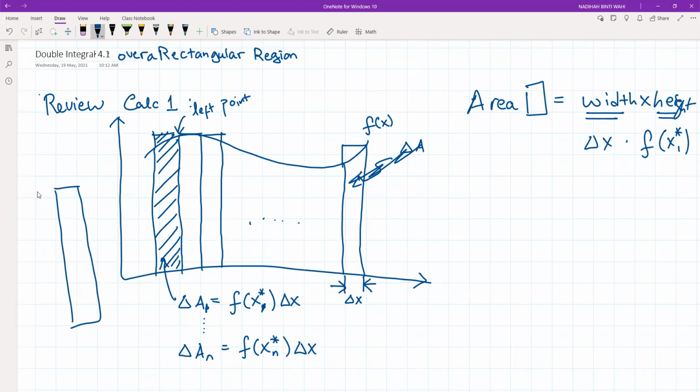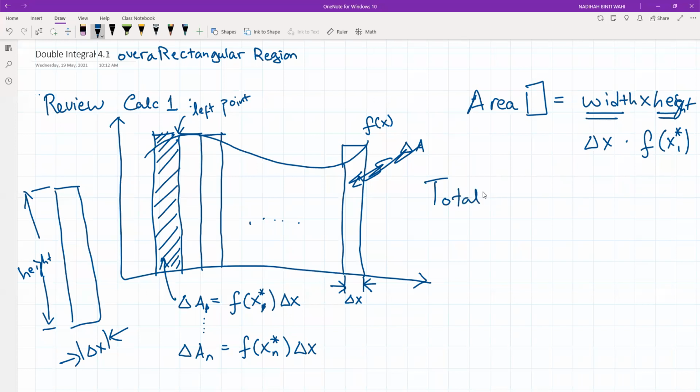Okay, so yang dia punya length ni, dia punya height ni, di sini. And then this is the delta x. Benda yang mudah jadi, cuma kita expand your knowledge onto something else. Okay, sama macam ni. So area untuk rectangle yang kecil ni sahaja. Okay, so for every area, so for total area.